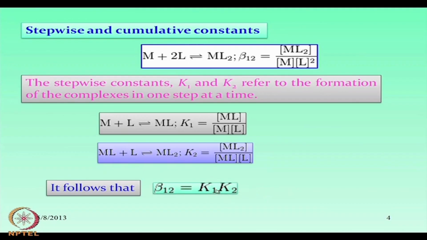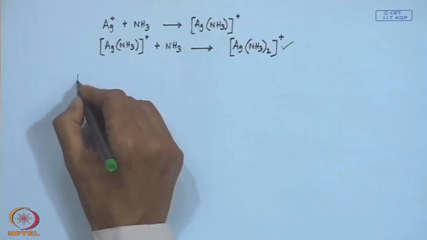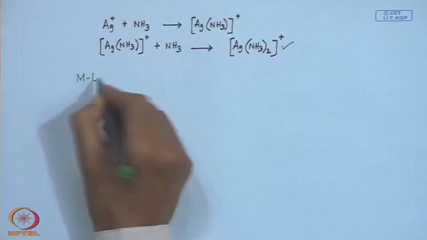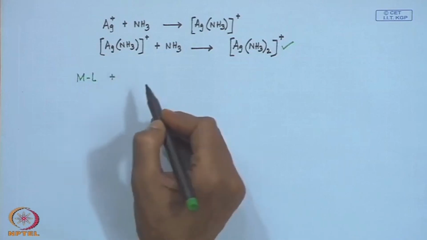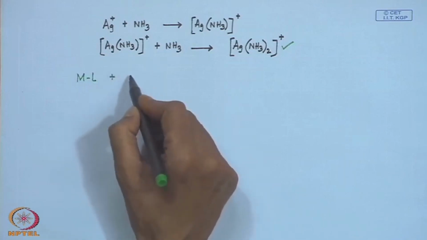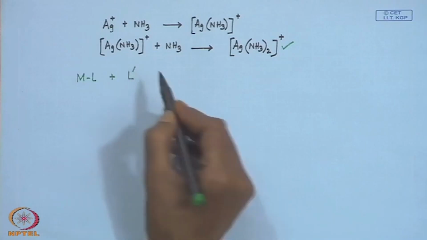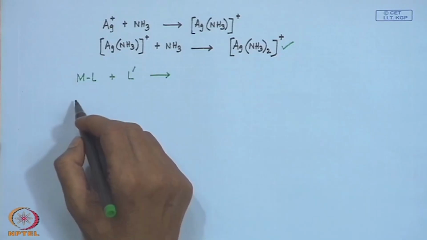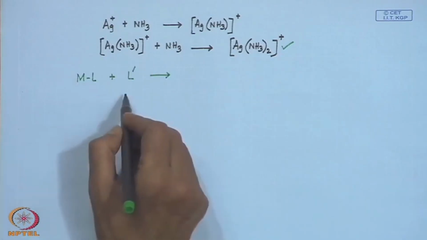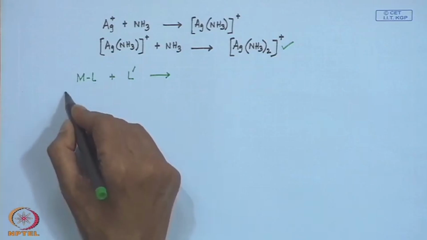These types of expressions are also useful for reactions where we already have the metal ligand species itself, and we can talk about further binding of any other ligand species, that means L prime or similar. These are also possible in some protein envelope.